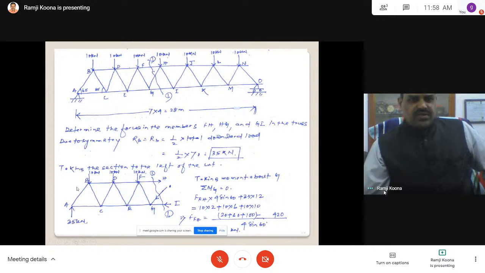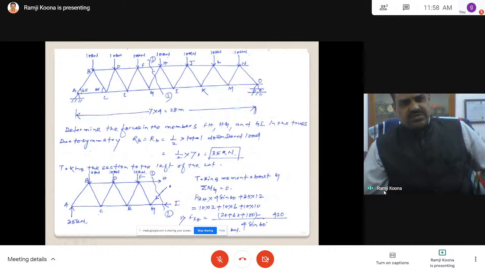Symmetry. Now 35 is applied here. These are the three loads, at D, E, B, D, F. And this is the section we have considered: force along FH, force along GH, force along GI. Three unknowns, three equations.